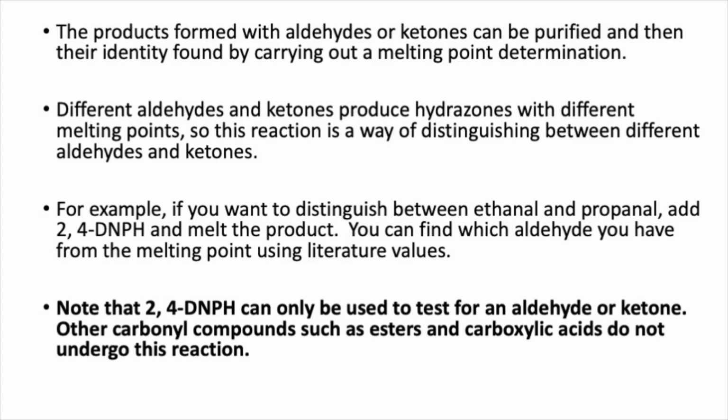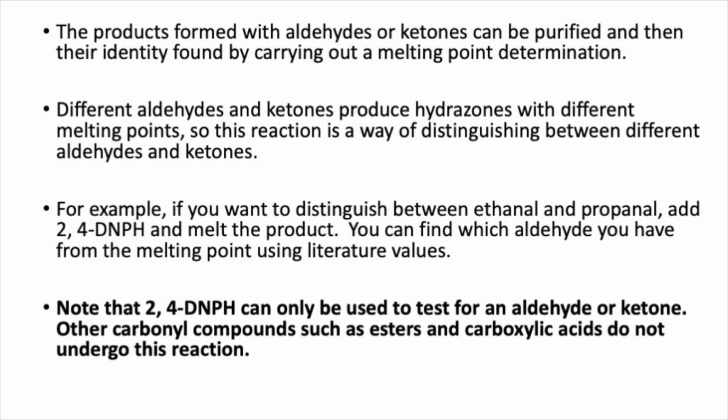Now this reaction allows you to identify specific aldehydes or ketones. Because when you add an aldehyde or ketone to 2,4-dinitrophenylhydrazine, you will always get an orange solid. And this can be filtered, purified, and you can detect which aldehyde or ketone you had by measuring the melting point of this orange solid.